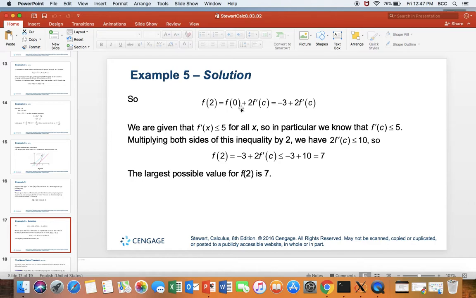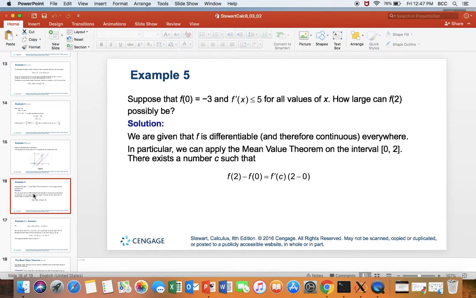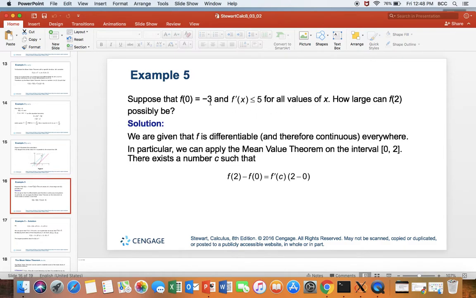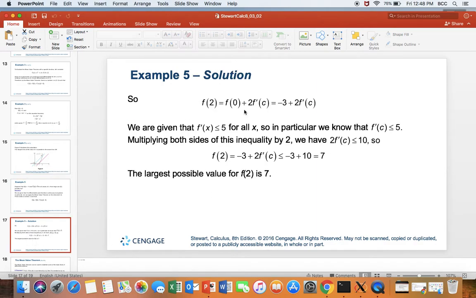Now notice what they have done. 2 minus 0 is simply 2. Then move the f(0) to the other side. f(0) we were told is negative 3. So you have negative 3 here plus 2 f'(c).